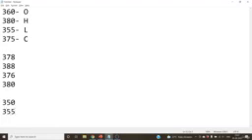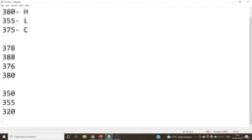It made a low of 320 and it closed at 340. This is the open, this is the high, this is the low, and this is the close. From these figures, if you read it carefully, you will understand that the closing price is less than the opening price, which means the stock fell down.